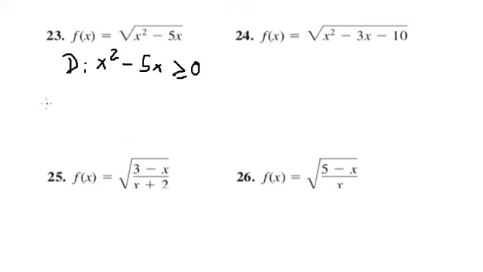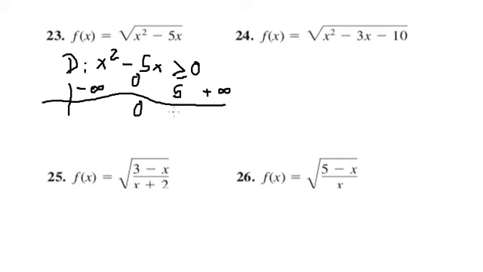So if we calculate this one, we draw the table here from negative infinity to positive infinity. We have 0 and 5. The coefficient is 1, which is positive.